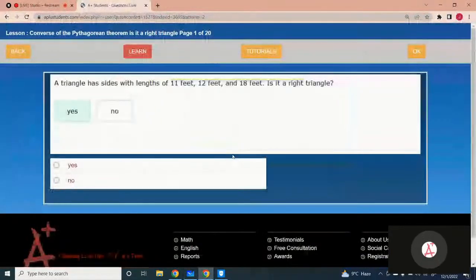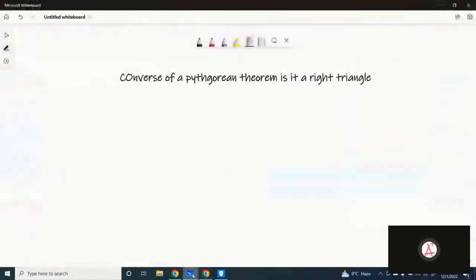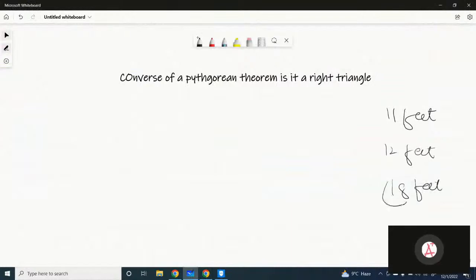Is a triangle with lengths 11 feet, 12 feet, and 18 feet a right angle triangle? Okay, 11, 12, and 18. Okay, the largest one is always the hypotenuse.